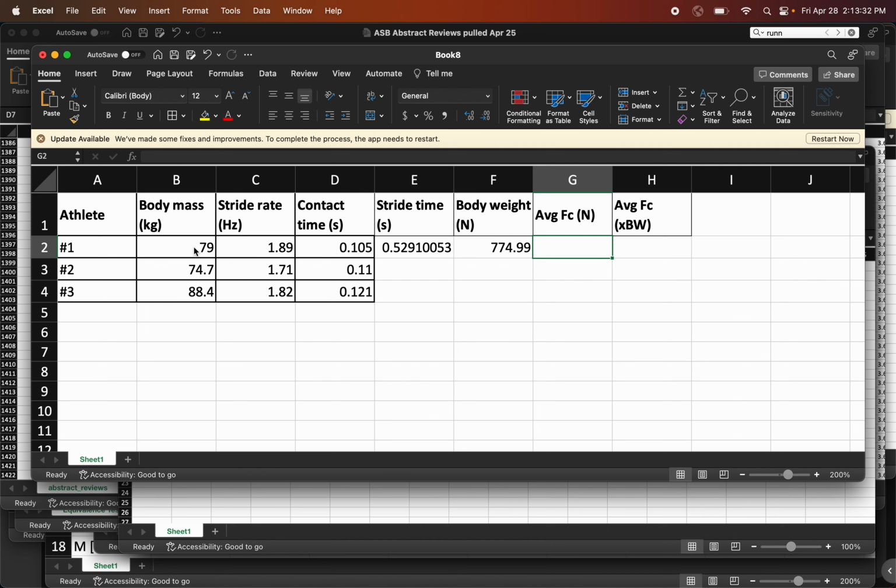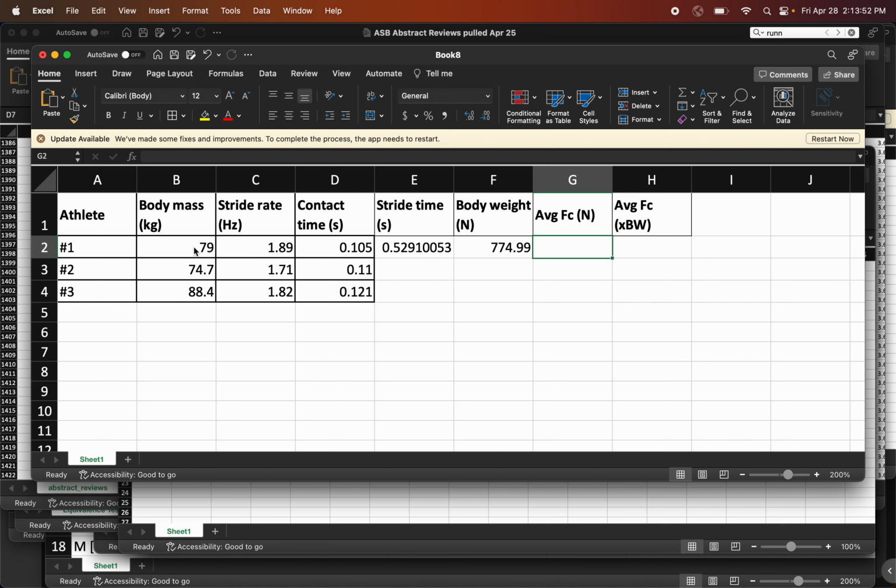Our average vertical contact force, or our average vertical ground reaction force, FC there, that's the average force that I produce against the ground when I'm running. And how can I figure that out?